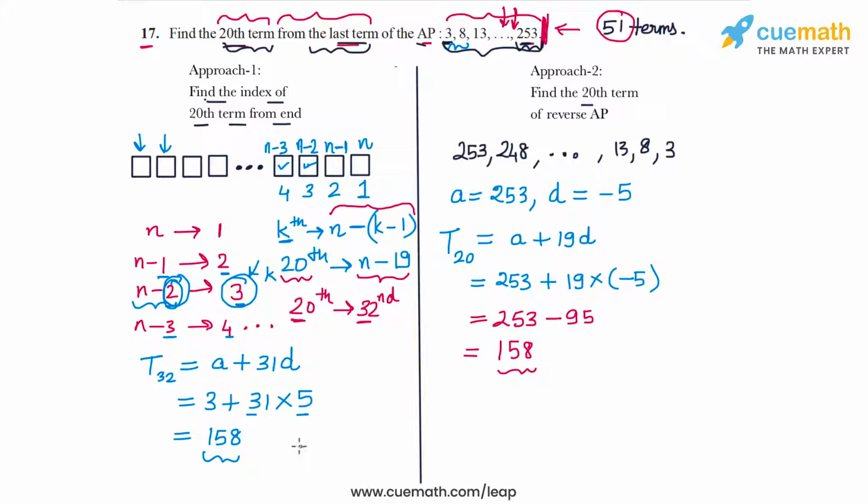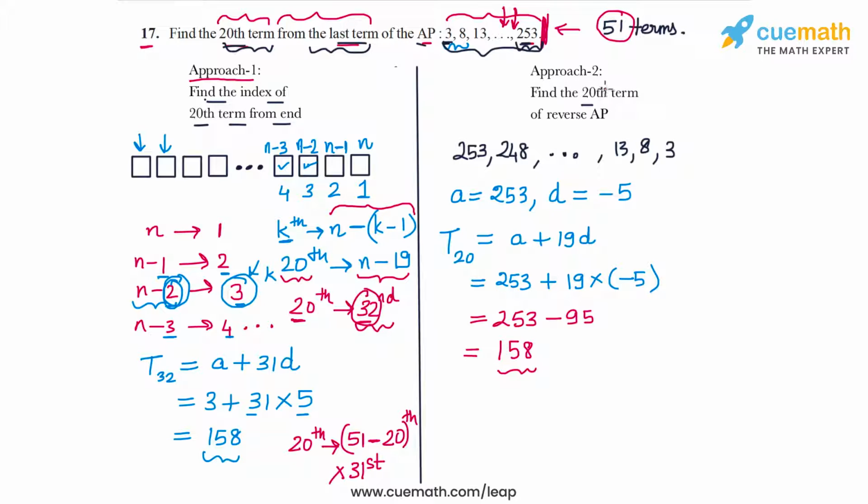So for example, the mistake they will make in this case for the 20th term from the end is they will write it as 51, the number of terms, minus 20. So that is the 31st term, and not the 32nd term. And we saw that the actual index of the 20th term from the end is 32. It is not 31.